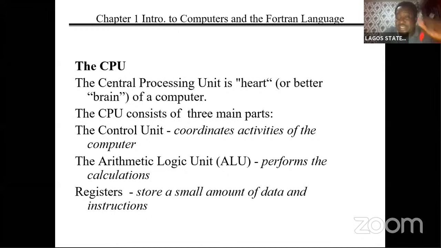But the computer has the capability to do those things that we do faster and with a high level of accuracy, because of the discreteness that is embedded in the computer and because of the fuzziness and the ambiguity that is embedded in man. So our arithmetic logic unit, the ALU, performs all the calculations that exist within the computer framework.